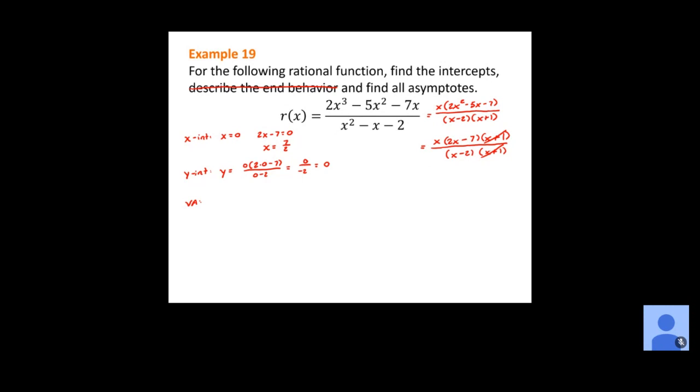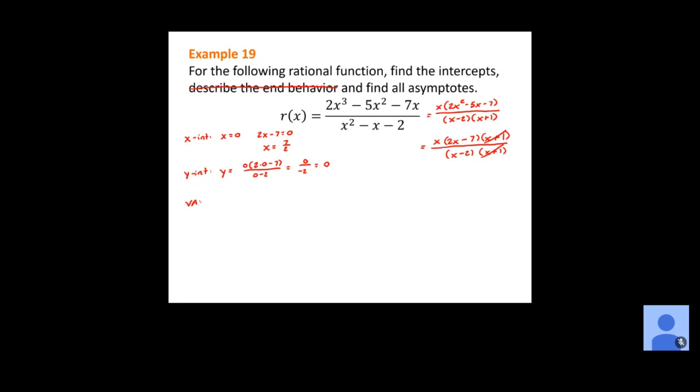So what do we have to look at to find vertical asymptotes? Okay, so we actually don't have to go back to the original. We actually do want to look at the factored form after we've simplified it.